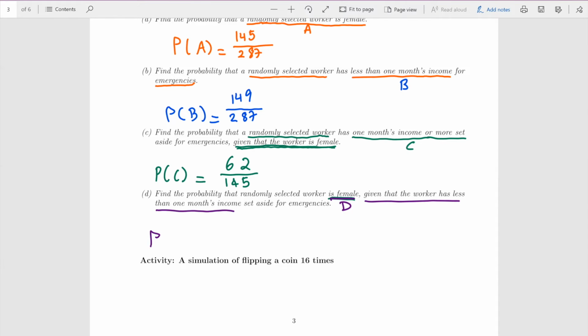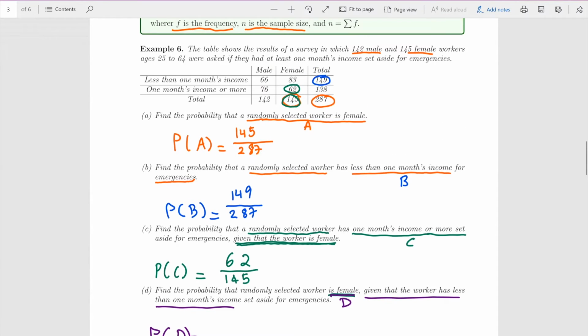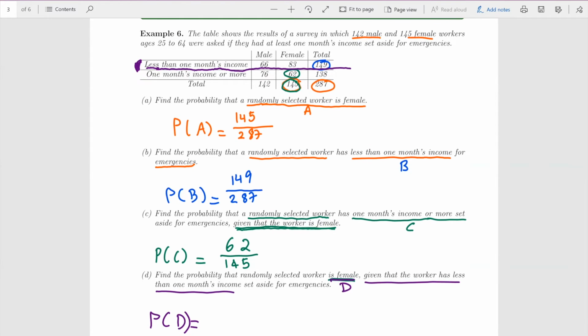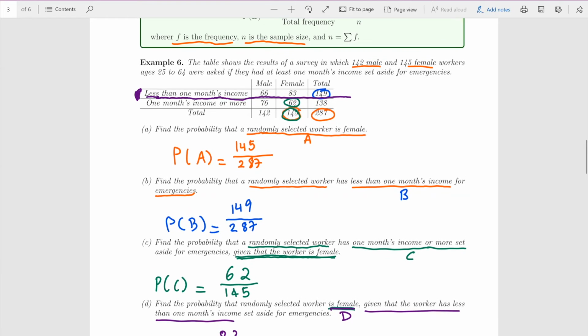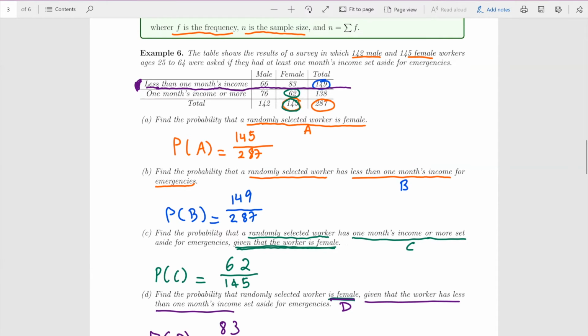I call this D. So the probability of D here is, again, the total possible outcomes for female, given that the worker has less than 1 month. So this is the population that we're looking at right now. The workers that have less than 1 month's income. And then how many females? 83. And the total number of responses that have less than 1 month's income is 149.